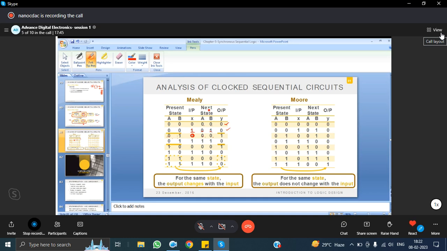Here output is changing. Next, 0 1: when x is equal to 1, what is happening? Output is changing. Here also output is changing.